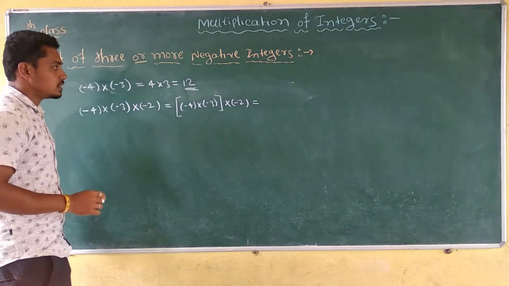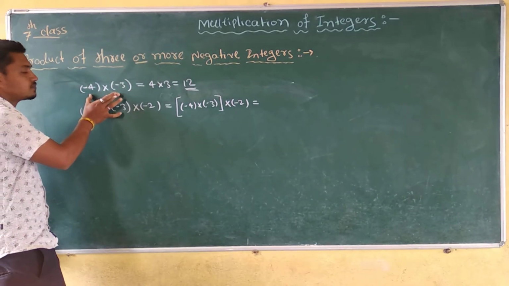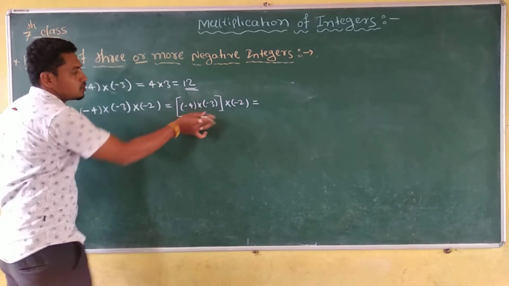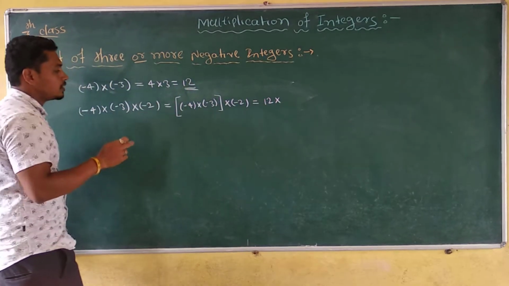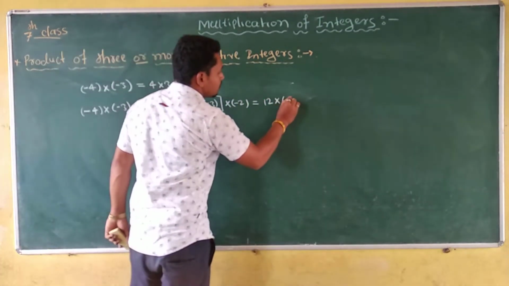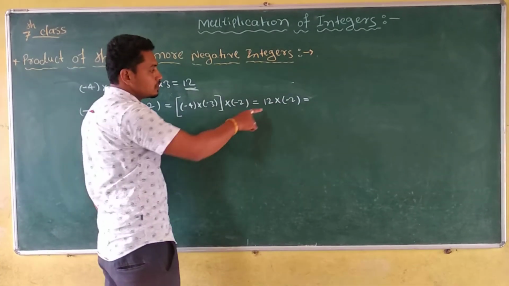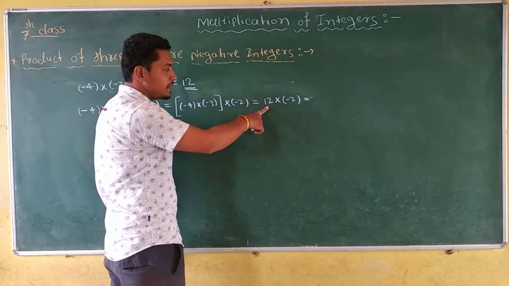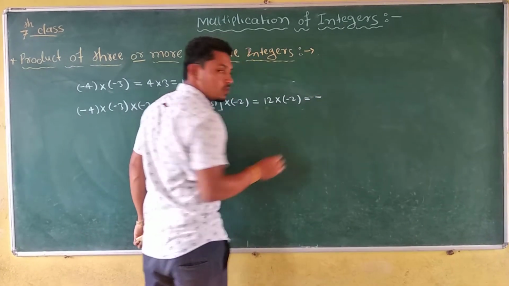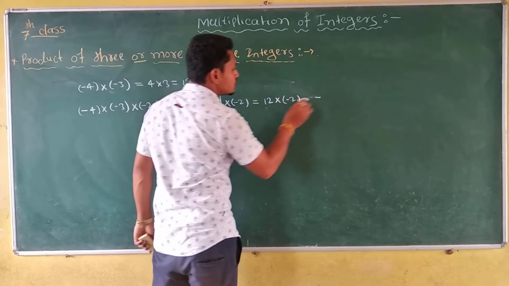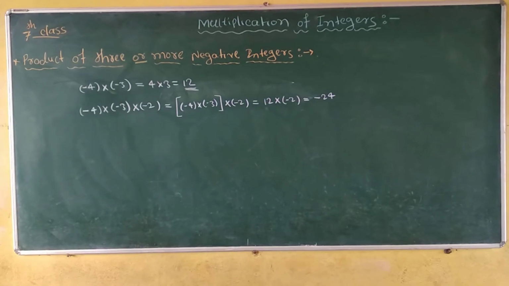Now we already find the product of minus 4 into minus 3, which is 12. 12 into minus 2: one positive integer into one negative integer gives a negative integer. 12 into 2 is 24, so minus 24.